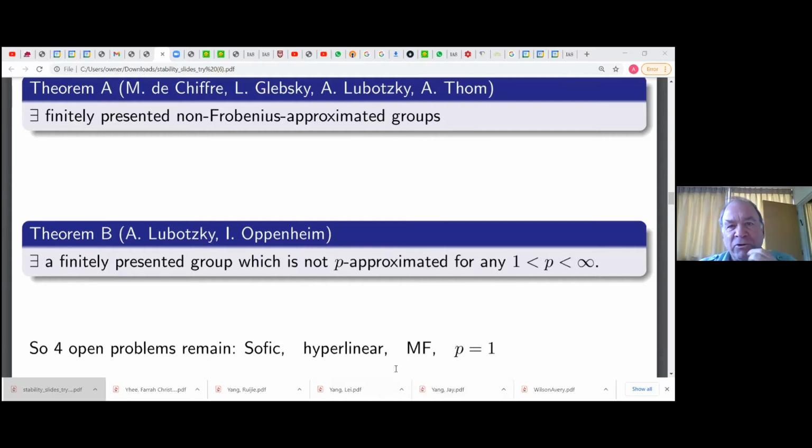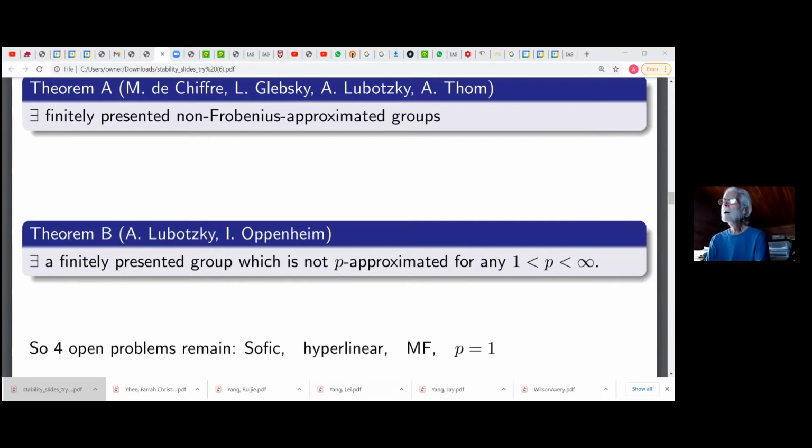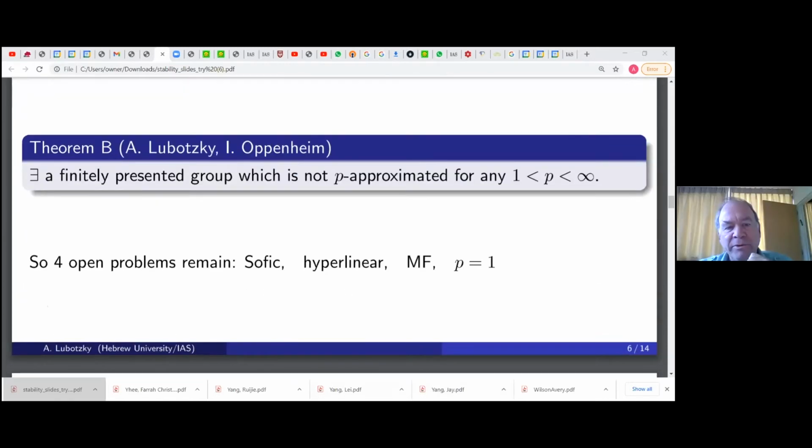But part of the contribution, I think, of our work is really to understand the difference. Why does it turn out that these problems are more difficult than the one we solved? Because really, when you look at it the first time, you don't see why. And I will try to explain.